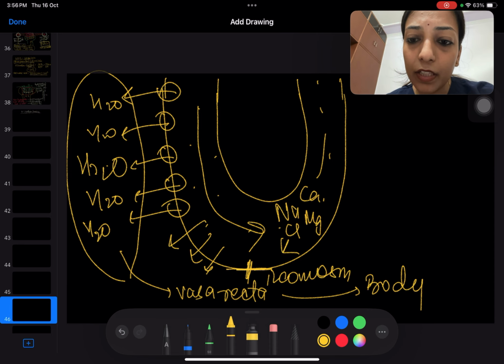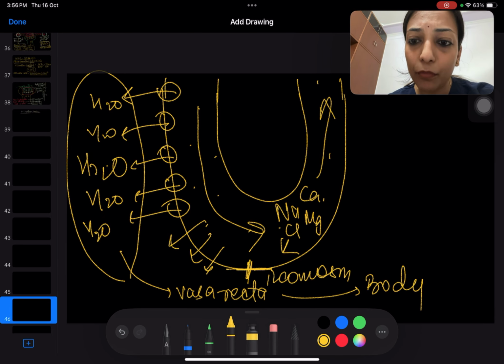Now what happens in the ascending limb of loop of Henle? This ascending limb is impermeable to water. It is impermeable to water. So now, will the body be able to reabsorb water from here? Huge no. So what is going to get reabsorbed? Mostly sodium and chloride. Urine had so many things earlier.